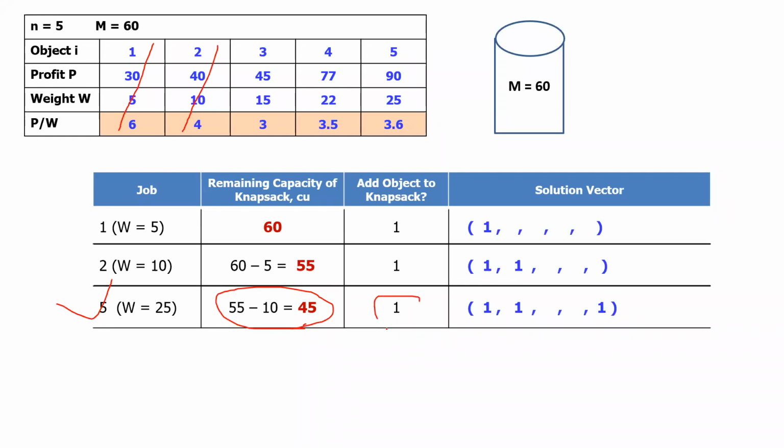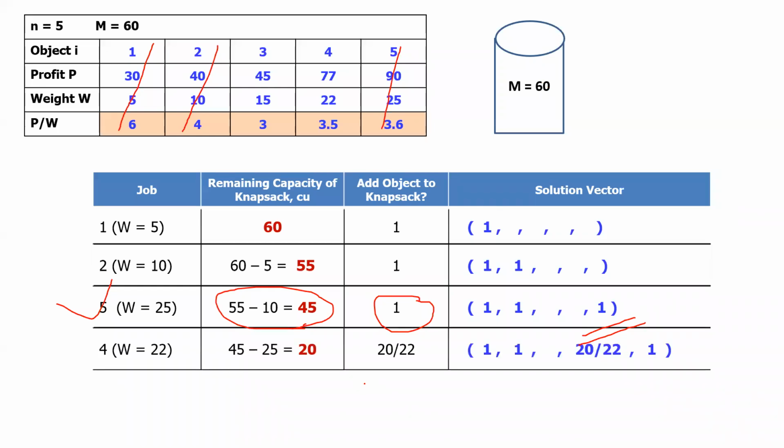So the item will be fully filled into the bag. Now I have to put a 1 here because the item I'm filling is the 5th item. So at the 5th location, I'm going to place a 1. Then next step, object 5 is also filled. The remaining items are 3 and 4.